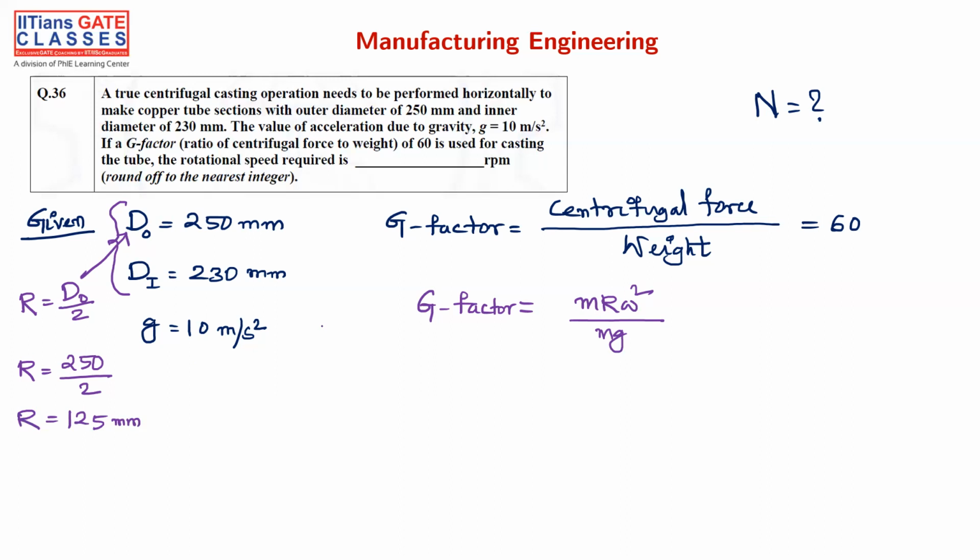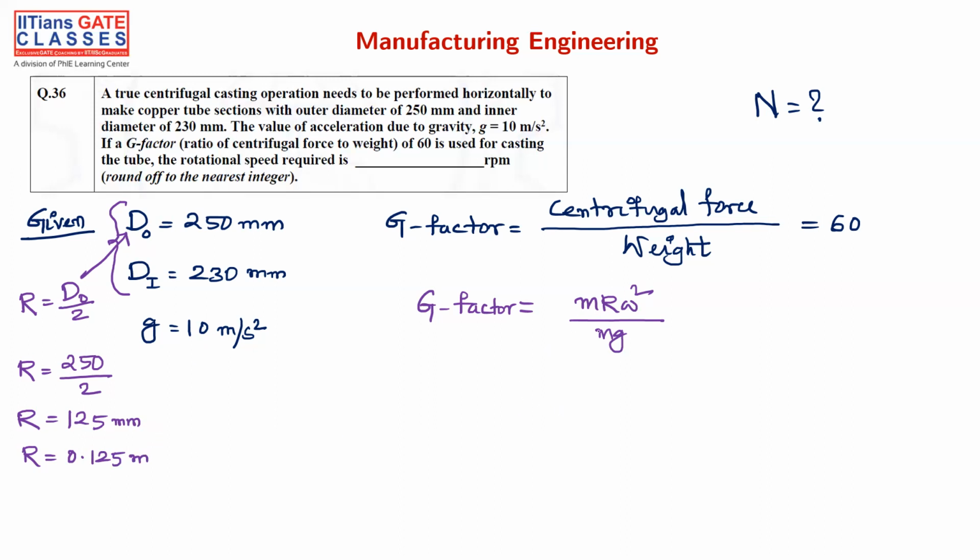Since g is given in meters per second square, let's write R also in meters. Converting mm to meters, it is 0.125 meters.